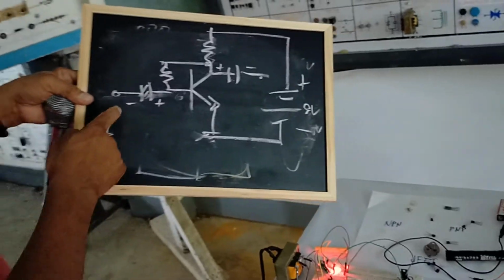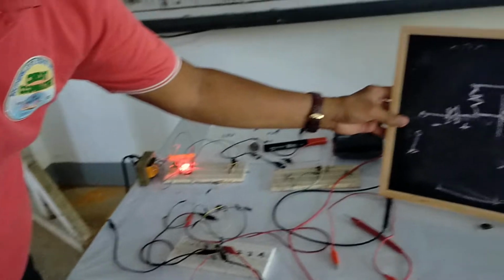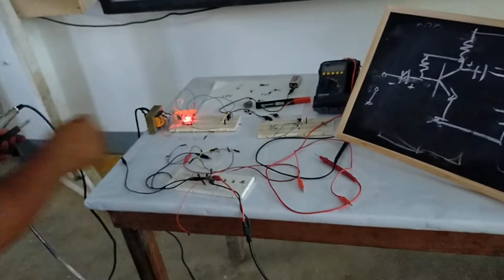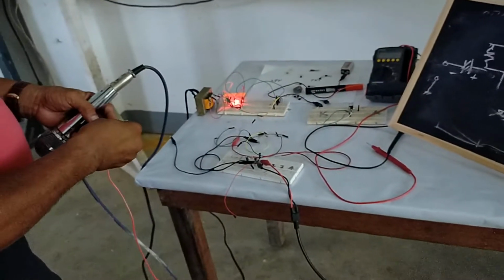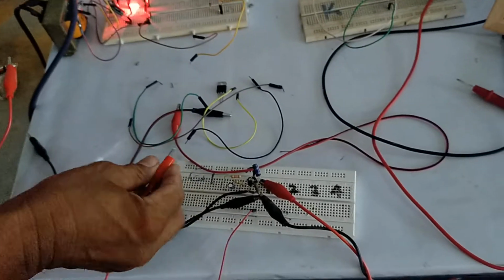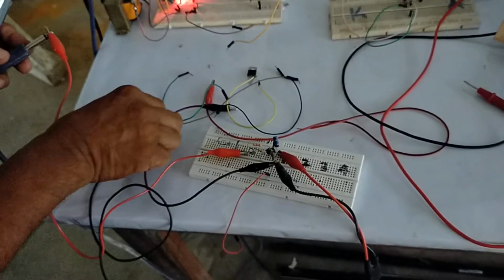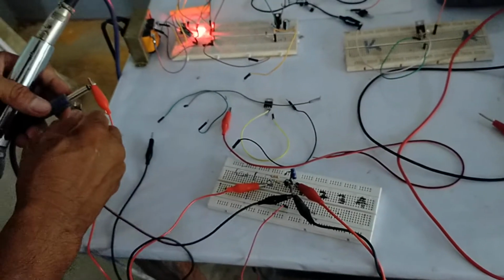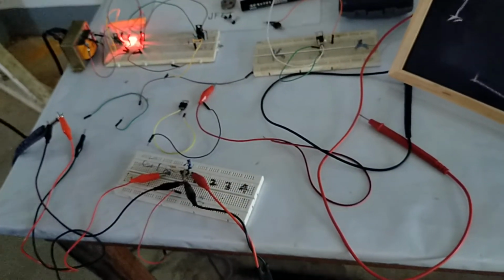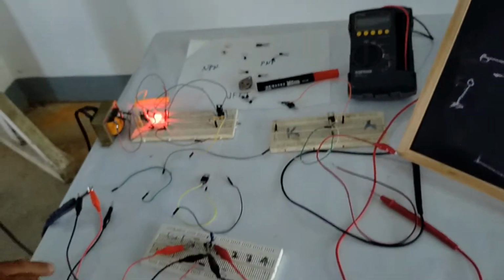Then the microphone will now be connected here. We have the positive connected to this input, and the negative is connected here. Then we will connect this battery as the source voltage.